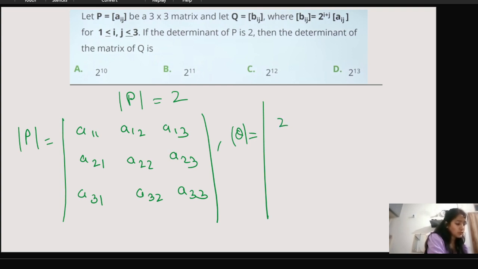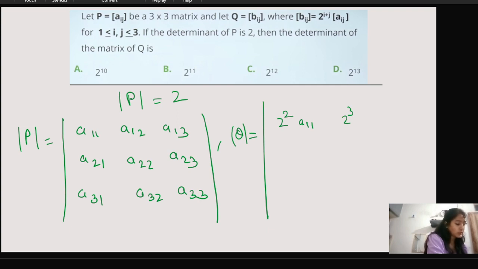i plus j, that means 1 plus 1, that means 2 square, and then A11. And then here 2 cube, that means 1 plus 2, because B_ij is 2^(i+j) times A_ij.